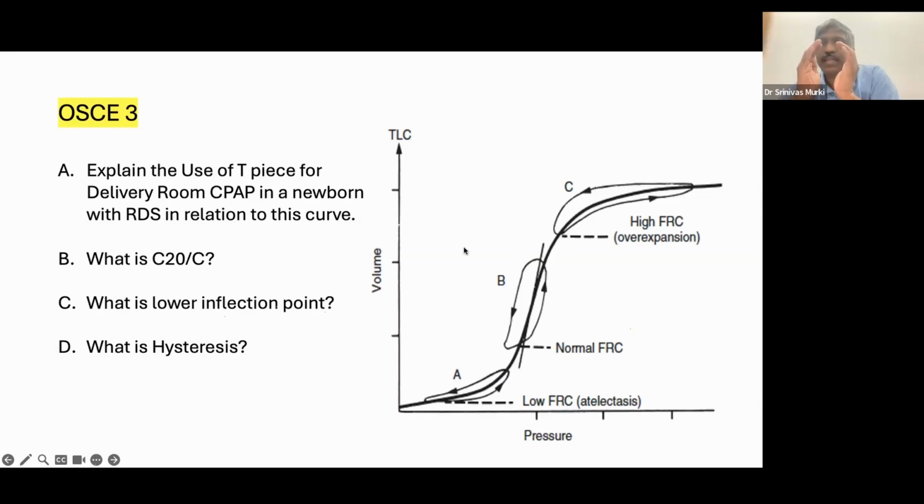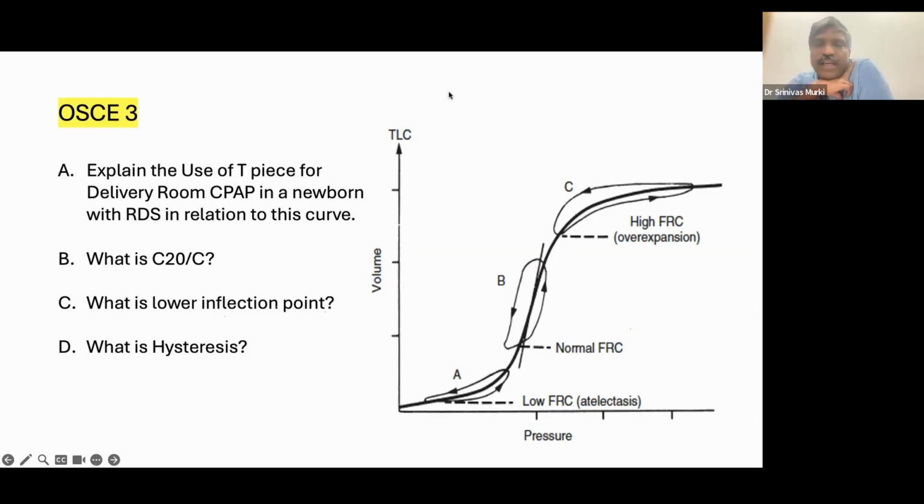But when surfactant is not there, the alveoli collapse and the lung volume will come down. So the curve will shift from B to A in the absence of surfactant. So that is why CPAP will retain the curve at B and help in preventing atelectasis and also keeping the lung at good compliance, the optimal compliance, or the steep portion of the dynamic lung compliance curve. So that's a correct answer.